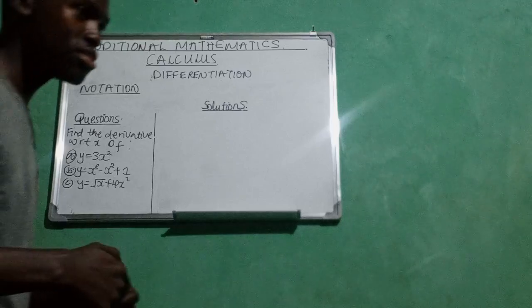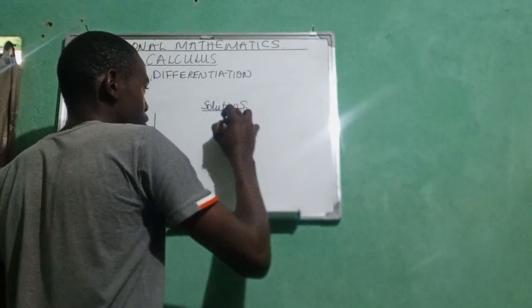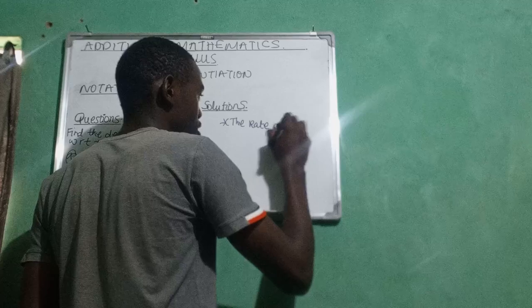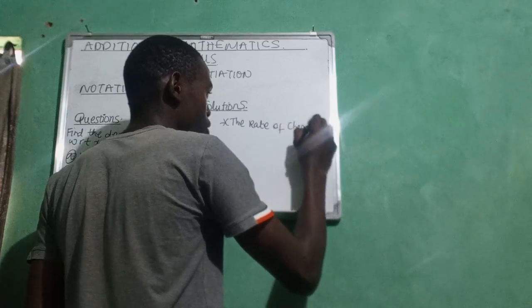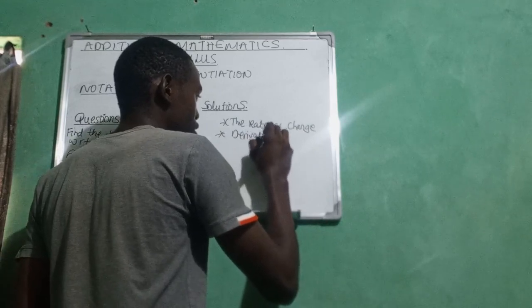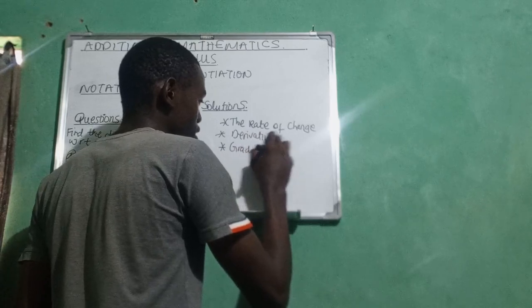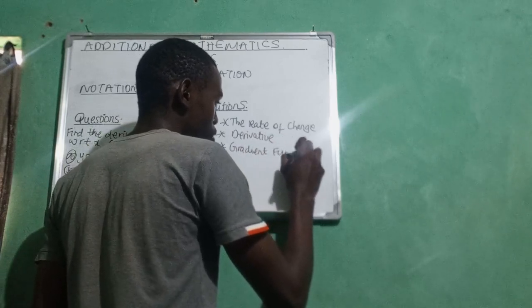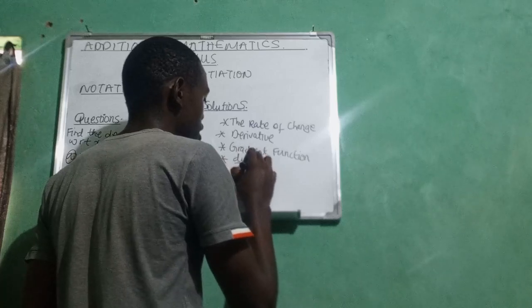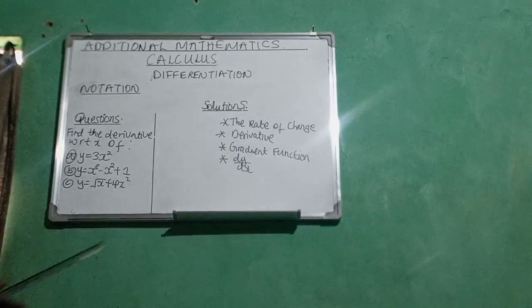Okay, so this is a video talking about notation. When you're asked about the rate of change, or you are asked to find the derivative, or you are asked to find the gradient function, or you are asked to find the dy dx, this is all the same.